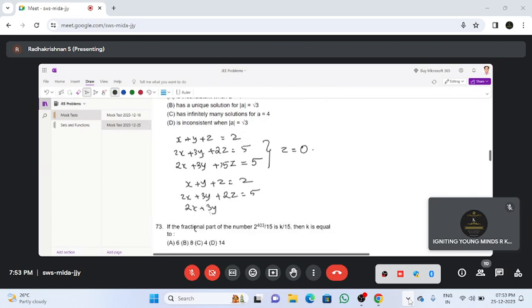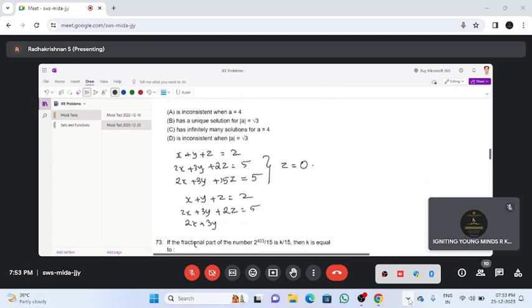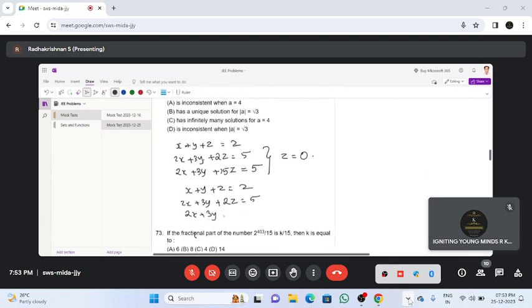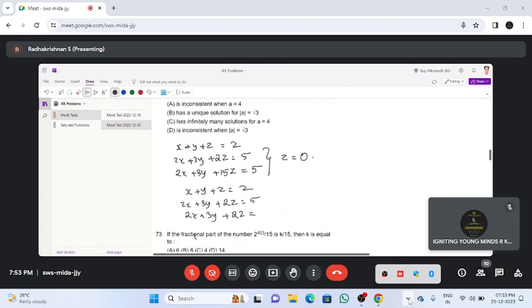Then a square will be 3, so 3 minus 1, 2, is the coefficient of z, equal to the right side a plus 1, so root 3 plus 1.